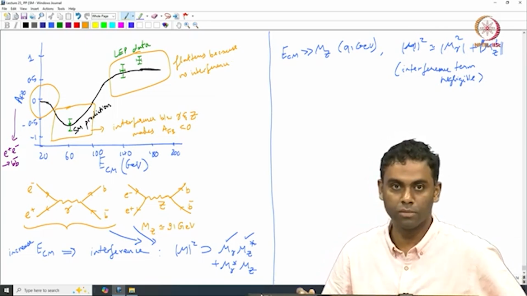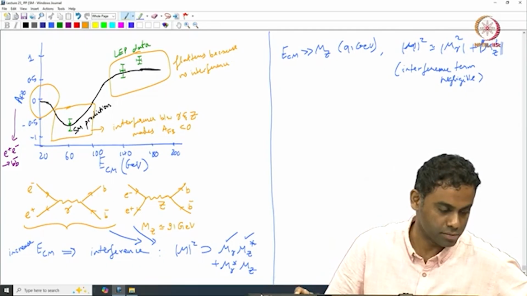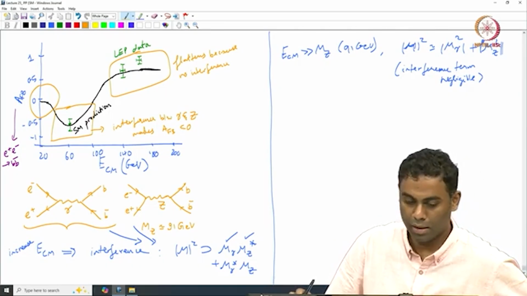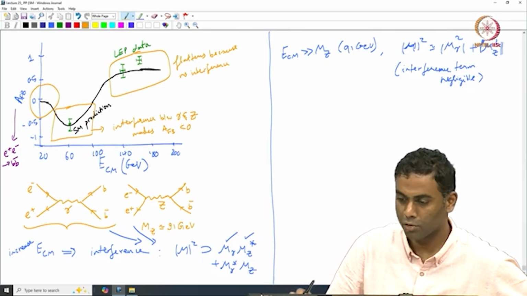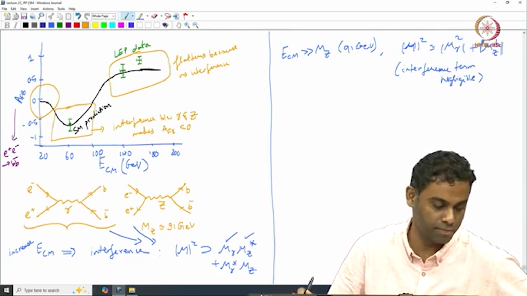Okay, so it stops dancing around basically. So that sort of explains the shape of this curve.